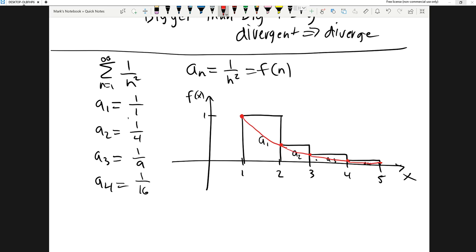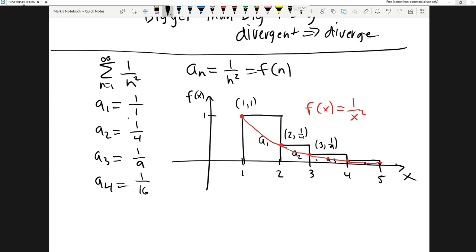And that red curve would be f of x equals 1 over x squared, right? Since this first point is (1, 1), the next point has x coordinate 2, but its height is the same as the second rectangle, and we said that rectangle had height 1/4. And then this next one would be (3, 1/9), since it has the same y coordinate as the rectangle, and so on.